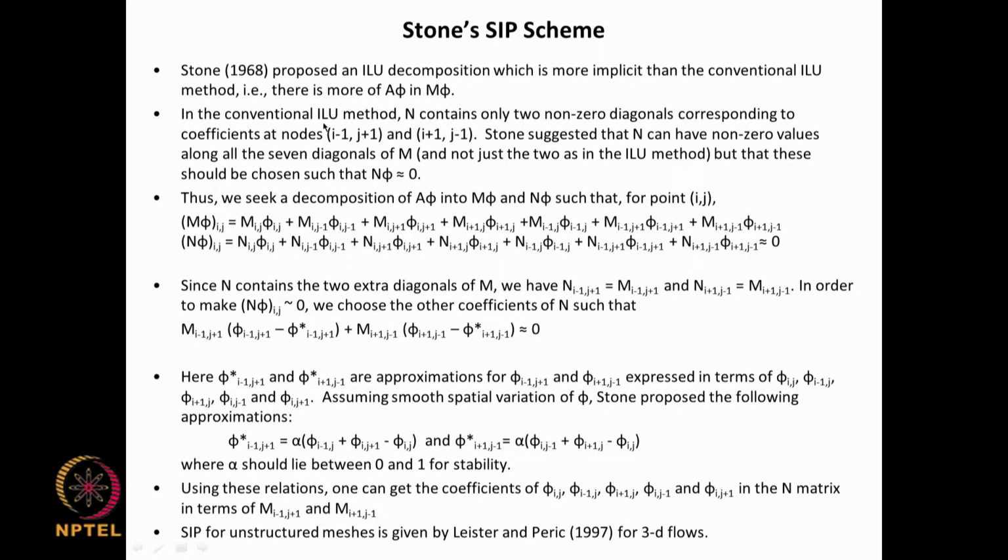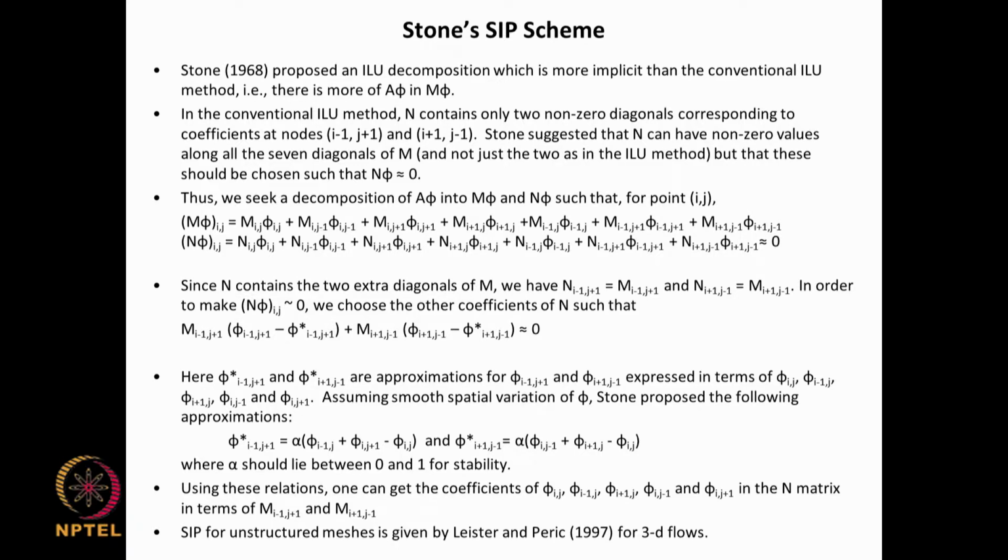So, in the conventional ILU method, n contains only two non-zero diagonals corresponding to the coefficients at i minus 1, j plus 1 and i plus 1, j minus 1. You can work it out if you go through the whole process, but we mentioned that 3 diagonals of L and 3 diagonals of U when multiplied will give us 7 diagonals, and there are 2 extra diagonals, and in the incomplete LU method we put the 2 extra diagonals as n.